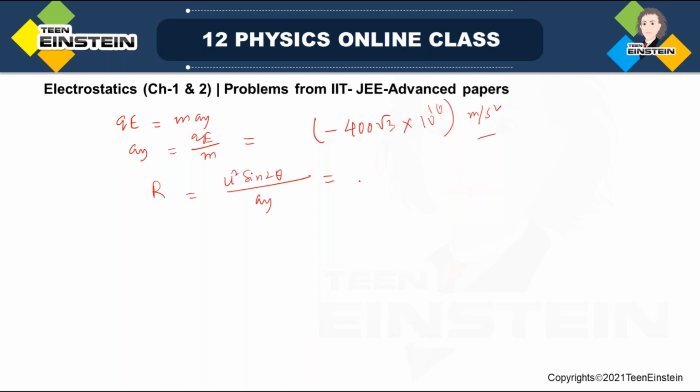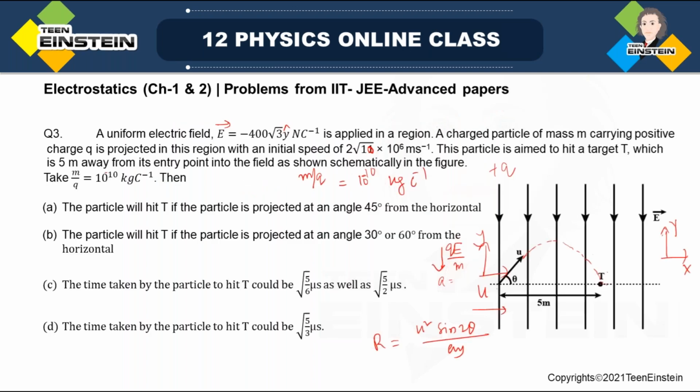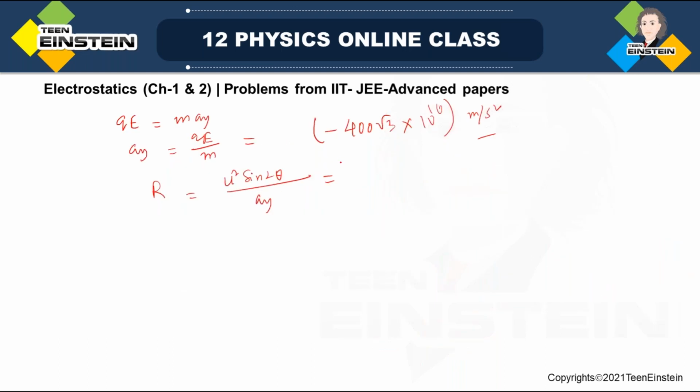So u square sine 2 theta, u is actually given as 2 root 10 into 10 to the power 6 meter per second, whole square. Okay, and sine 2 theta divided by A Y. A Y, I'm just taking the magnitude here for the sake of calculation.